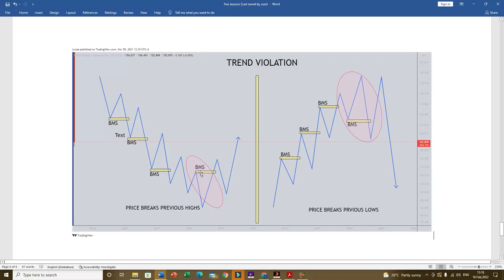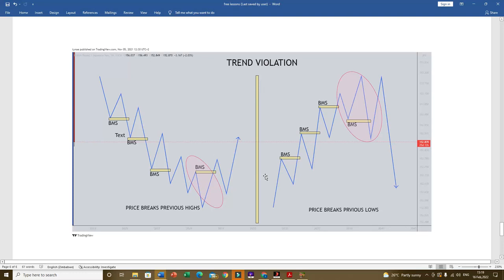The same here: we were seeing our BMSs outside of the structure, but now the BMS is happening inside the structure. So this results in what we call trend violation. It's a simple type of reversal structure. Most of the reversals that happen in the forex market will happen in this manner.